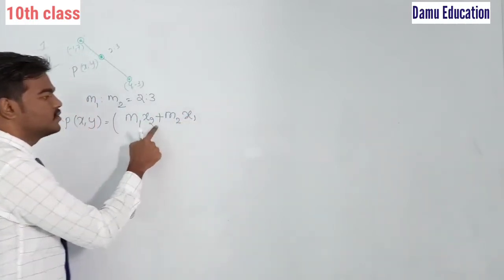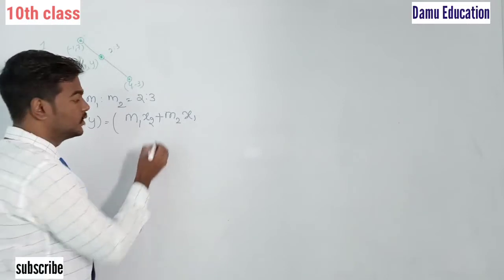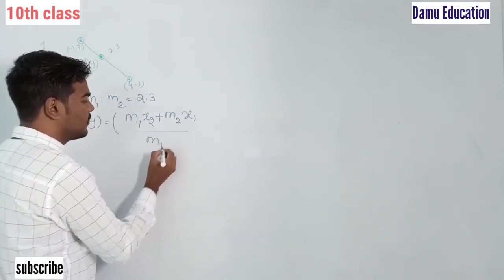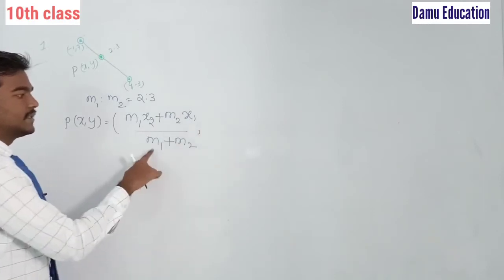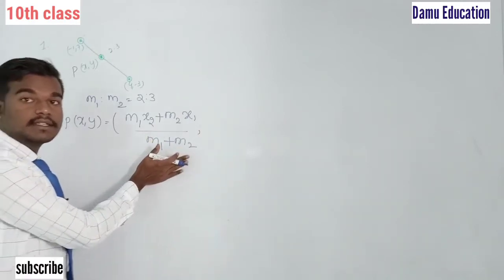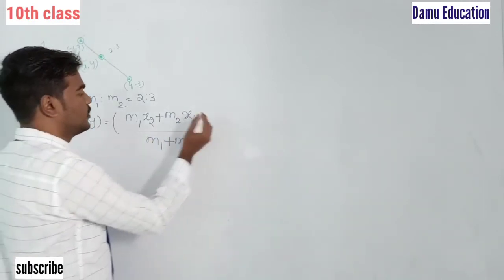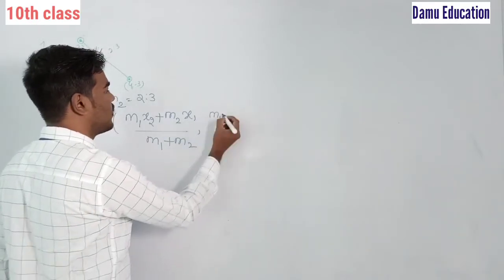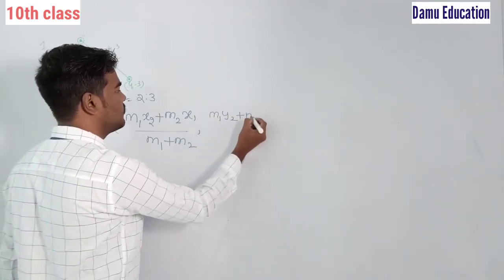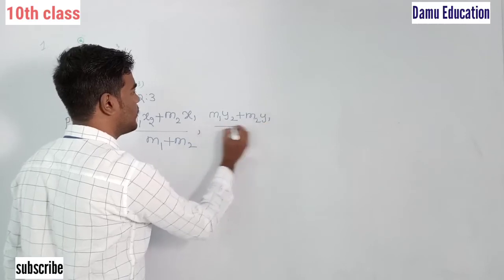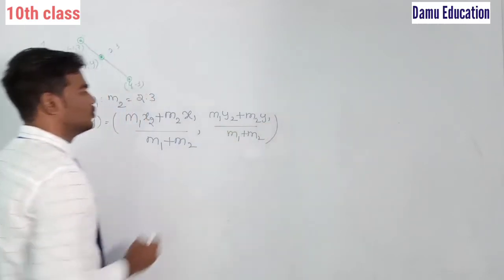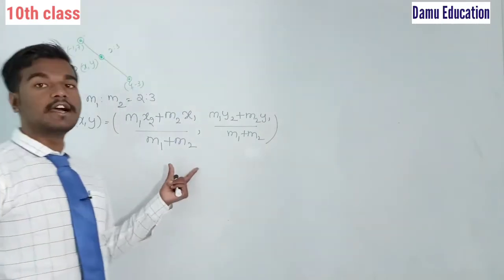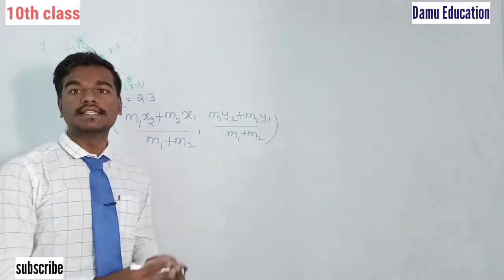So 1 and 2, 2 and 1 opposite. So by m1 plus m2, comma. So this is the x coordinate value. Then m1 y2 plus m2 y1 by m1 plus m2. So this is the coordinate formula in coordinate geometry.